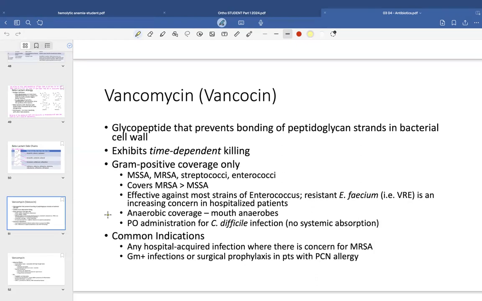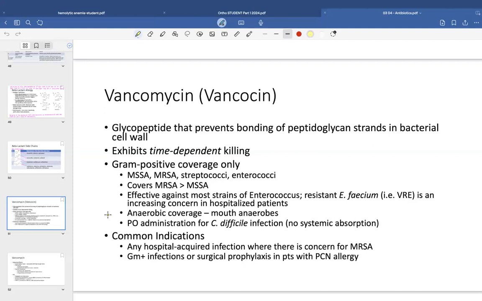And then there's a story around enterococcus. Generally speaking, vancomycin will be helpful for enterococcus, although there's a growing risk around what's called VRE, vancomycin-resistant enterococcus. When we speak of enterococcus, there's generally two main ones that are of concern for human infections: Enterococcus faecalis and Enterococcus faecium.